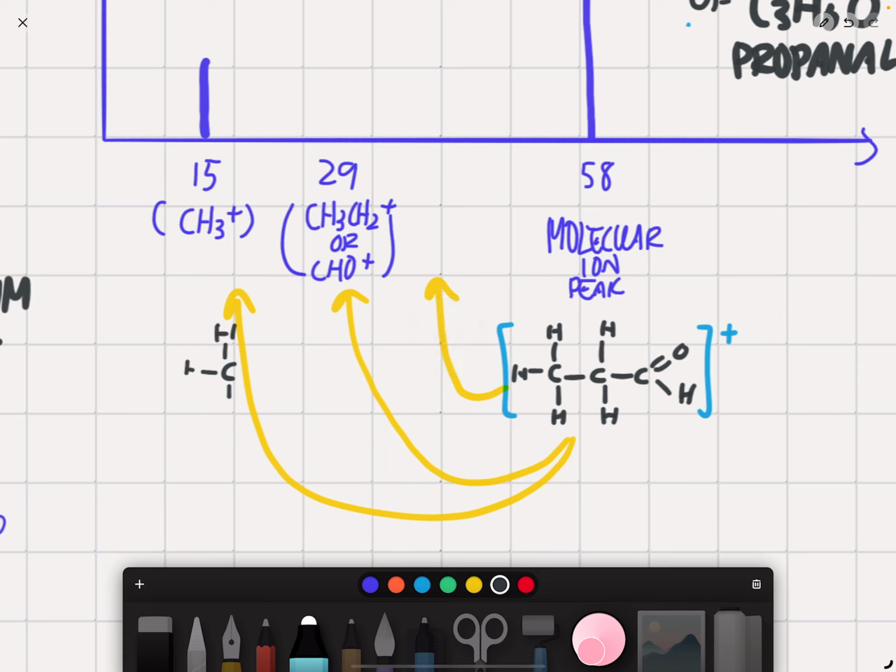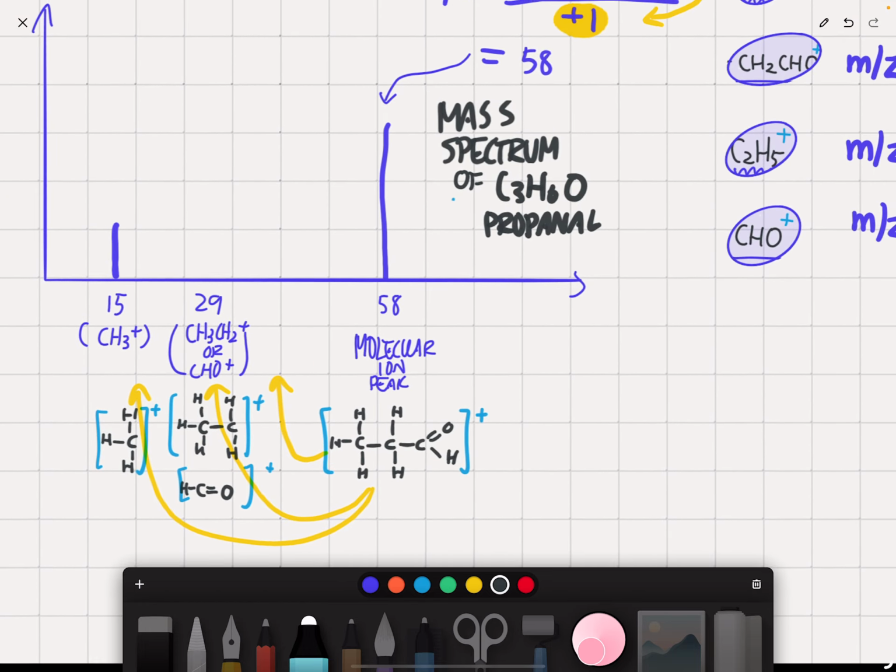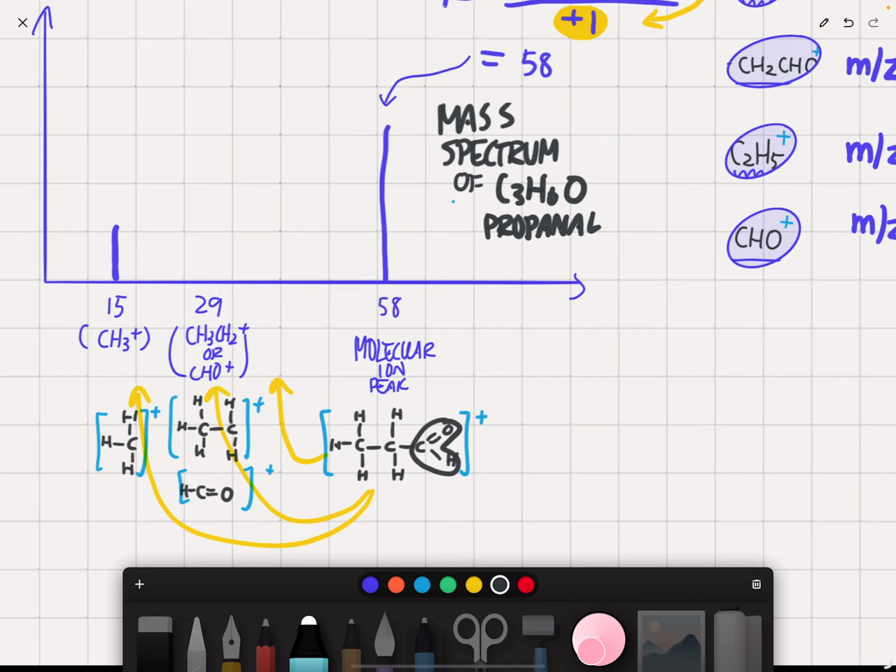So CH3+, or I can have C2H5+. So C2H5+, or I can have a CHO+. So this is a CHO+ ion, which comes from this part of the molecule.